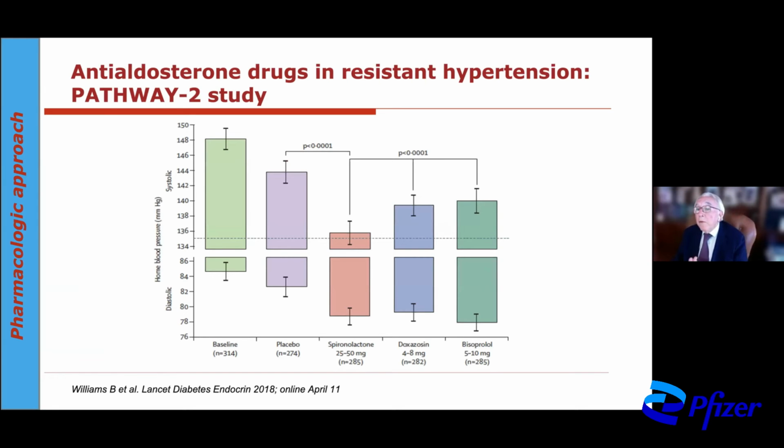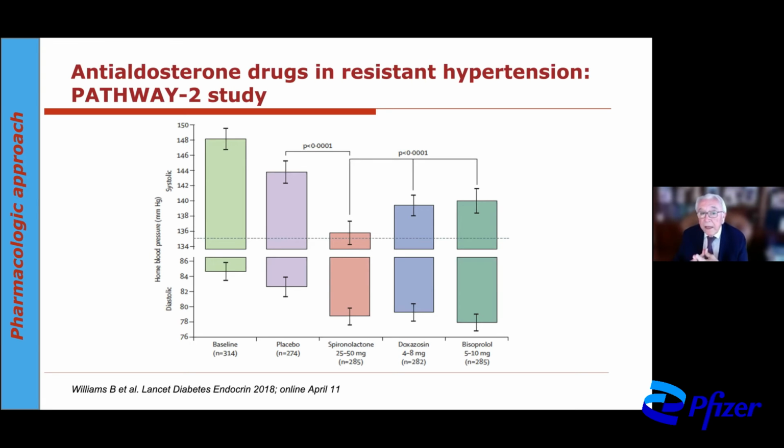And we arrive at the fourth drug. What is the best fourth drug? Well, the PATHWAY study demonstrated years ago that the best drug to use is spironolactone. But spironolactone is contraindicated if the patient has a glomerular filtration rate below 45 milliliters per minute, or potassium levels higher than 4.8 milliequivalents.